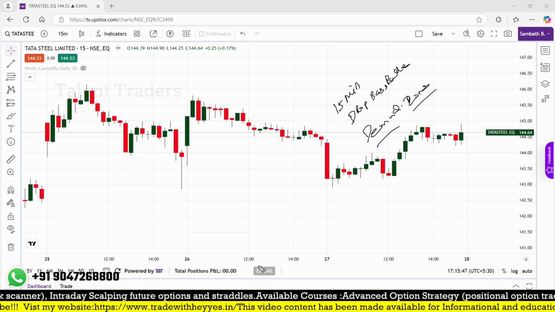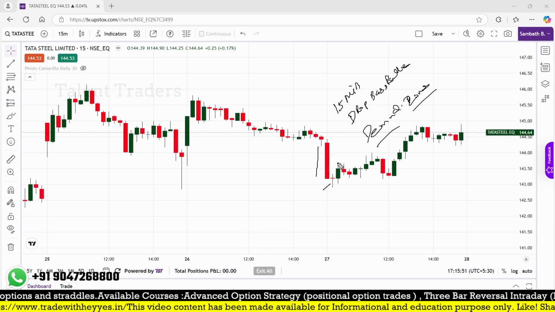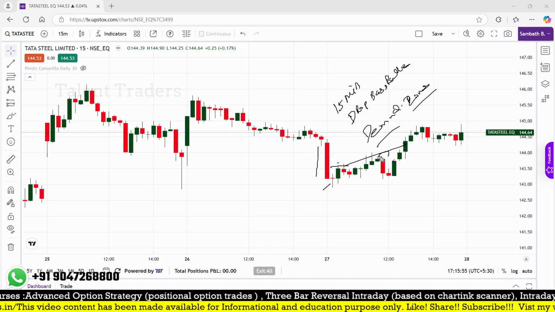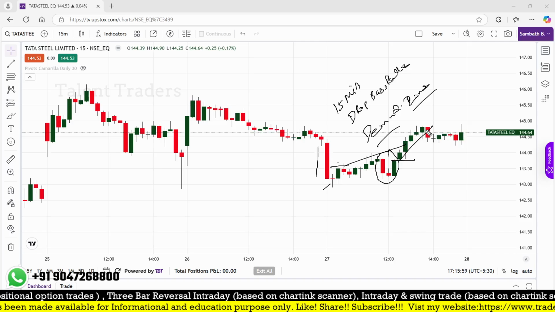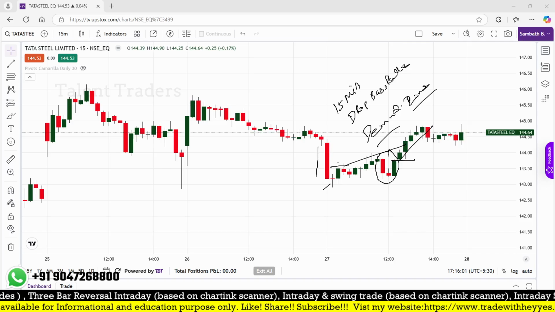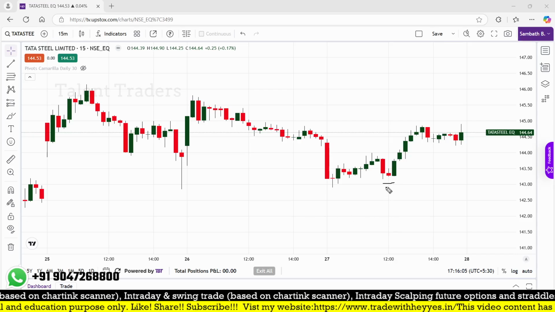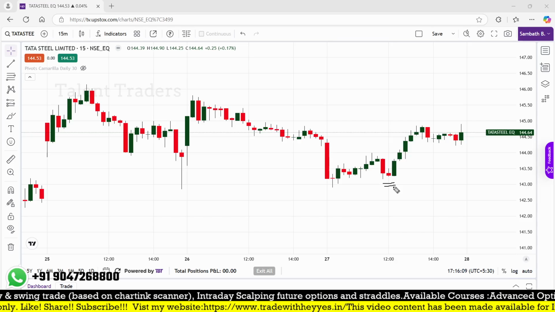There are two points where I'm seeing a drop, a base and a rally, and from there the market moves well, and one more drop base rally where the market is also moving well. So what I'm planning is to find such a pattern whenever it forms on any stock with the charting scanner.